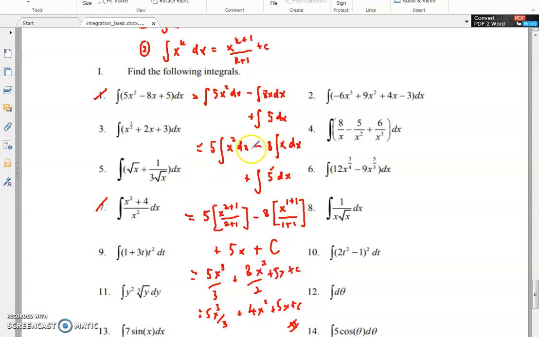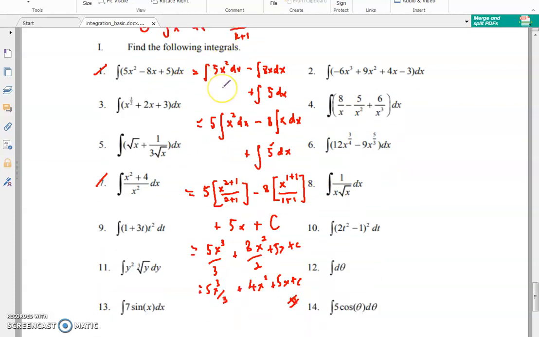Please bear in mind, once you use a formula, the integral sign will be eliminated. So no more integral sign because you already used the formula. You can have a look into it, try to copy it again onto a piece of paper so that you can look at it again and again. Then we can try to do question number 7 in the next video.